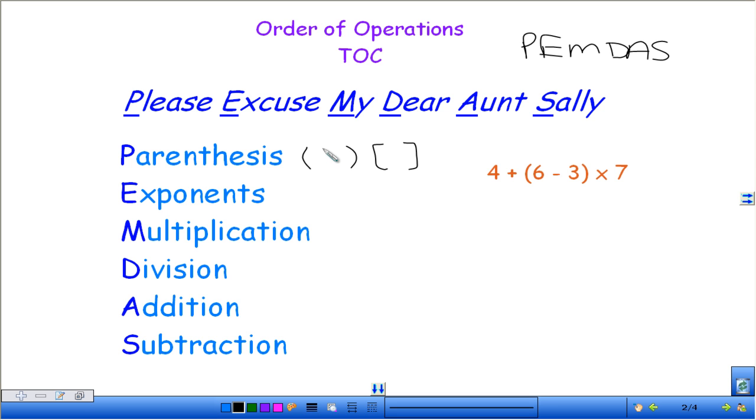Instead of putting two parentheses next to each other, they'll use parentheses and then a bracket, and they'll go back and forth so you don't get confused. So they're the same thing. Anytime you see brackets, think of those as parentheses as well. So you have to do anything inside those first.